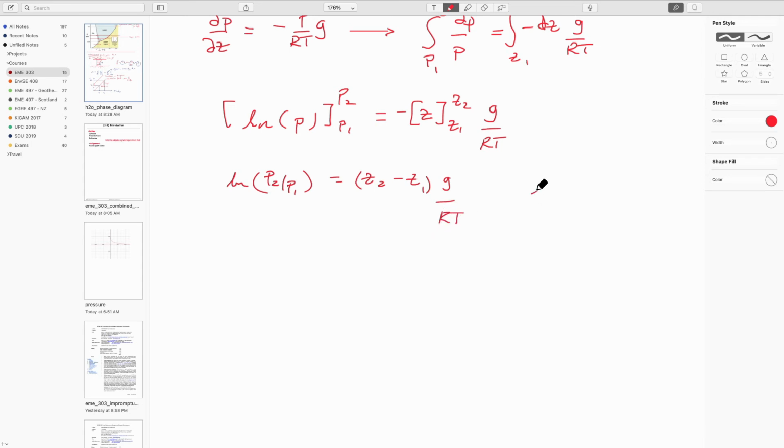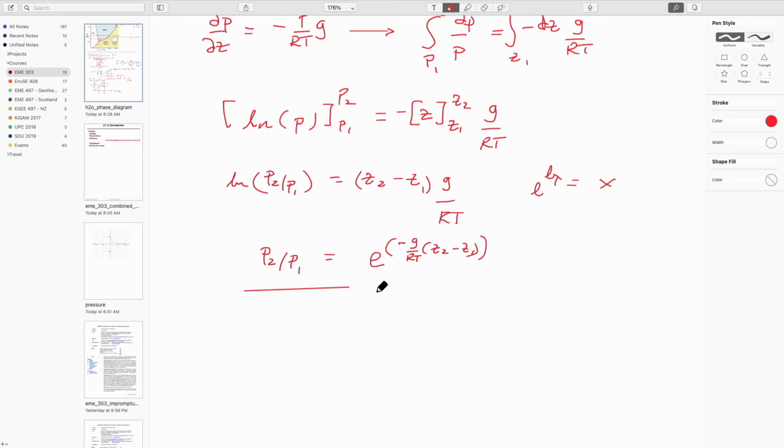And if you know that e to the log x is equal to x, we can exponentiate both sides, and we end up with P2 over P1 is equal to e to the minus G over RT times Z2 minus Z1. Bit more complicated, but that's what this exponential term is.